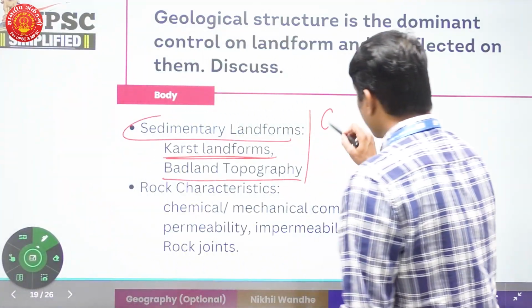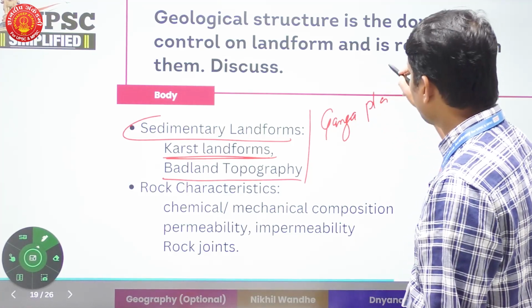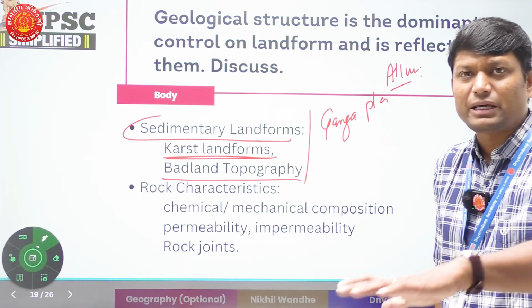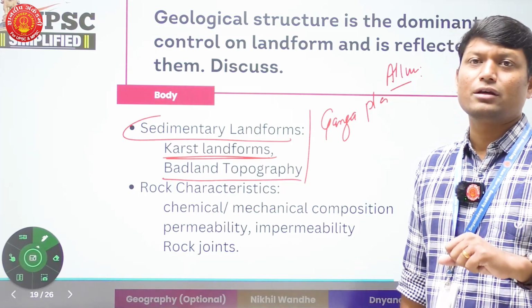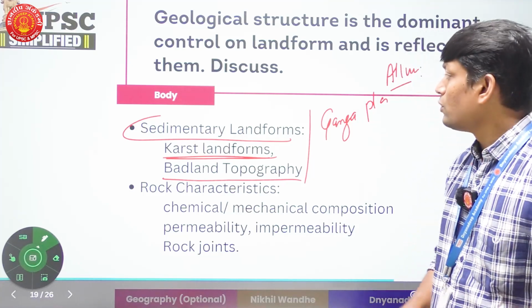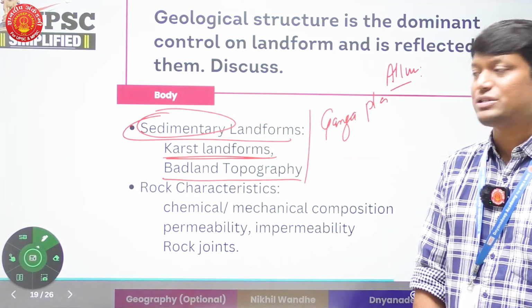Look at the Ganga plain, the landform of Ganga plain or any alluvial plain for that matter, right? So there is formation of plain, there could be formation of meanders, there could be formation of different features within meanders, right? So how it is forming? Because that particular strata is how? It is a sedimentary strata.